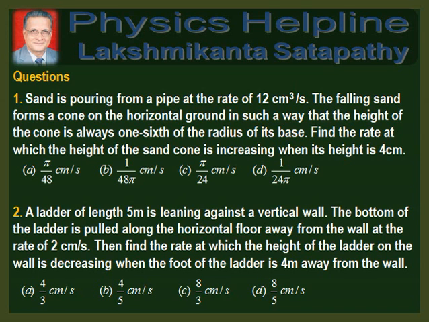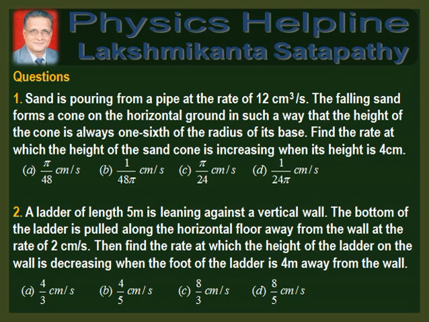Question 2. A ladder of length 5 meters is leaning against a vertical wall. The bottom of the ladder is pulled along the horizontal floor away from the wall at the rate of 2 centimeters per second.